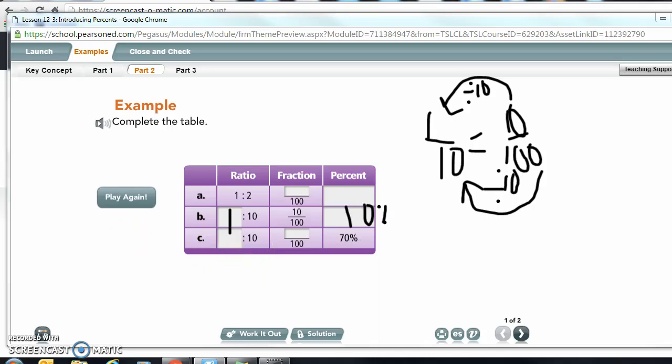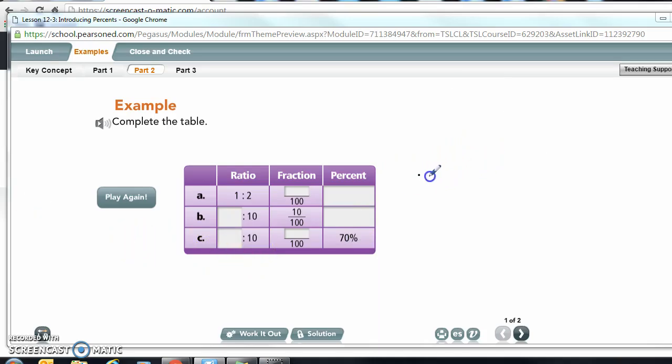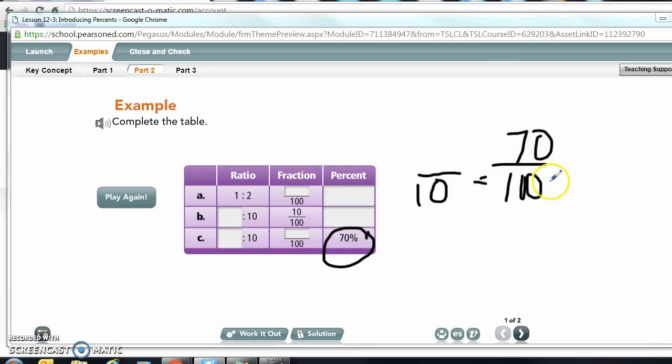Down here at the bottom, let's try this, okay? I'm going to have a number over 10 again, which is equal to a number over 100. So this one's a little tricky. How do I get from 10 to 100? I multiply by 10. But they gave us 70%. So that's going to help us because we know our percent always comes from the fraction that's compared to 100. So I could just write 70 here because I know 70 over 100 is equal to 70%.